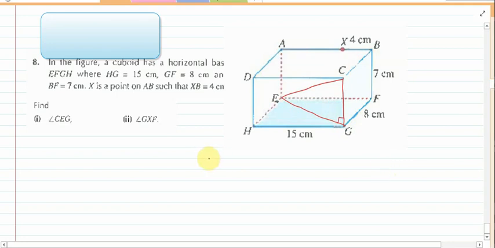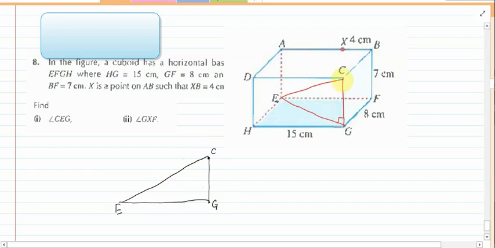At the top I have a point C, and below that C I have a point G. With the 90 degree angle at G we have a point E. So I convert the picture into 2D.